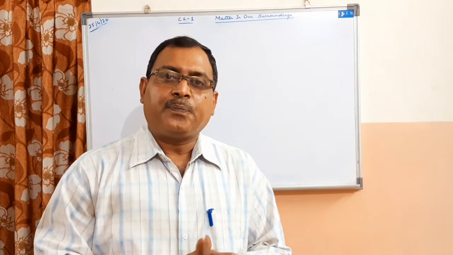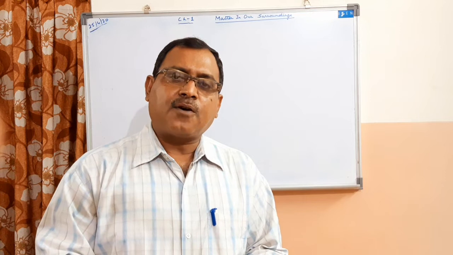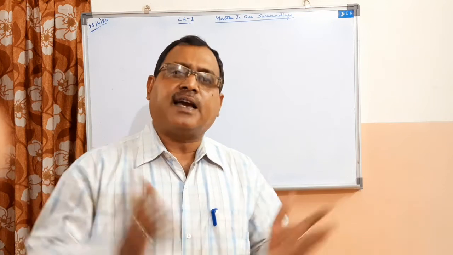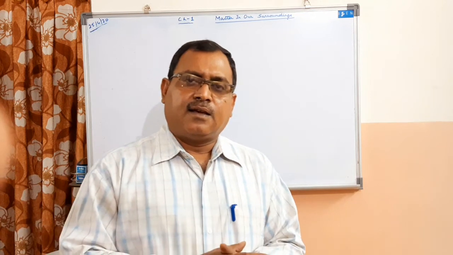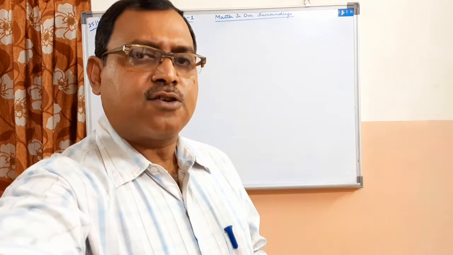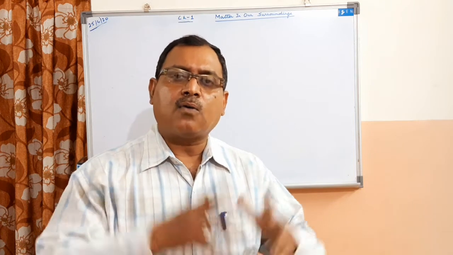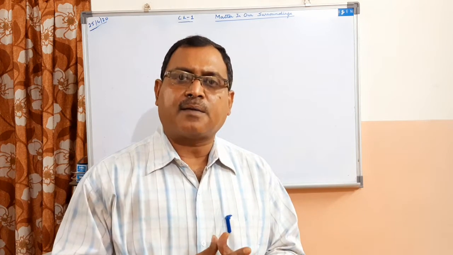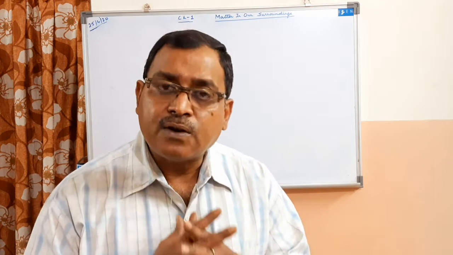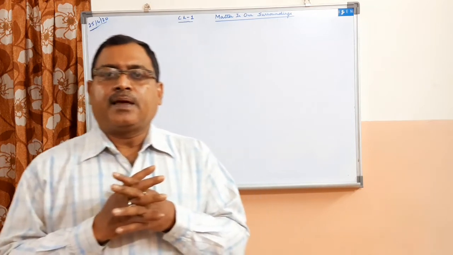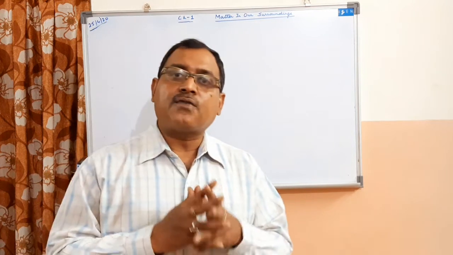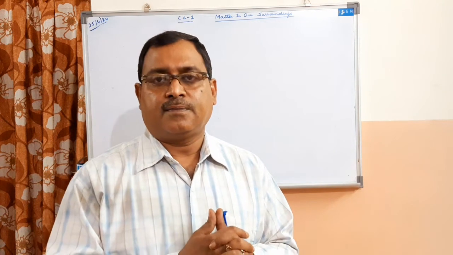So children, as I said, from early times, right from the beginning of civilization, people were trying to understand matter and what all the things around us are made of. So, our ancient Indian philosophers gave us the theory of Pancha Tattva.